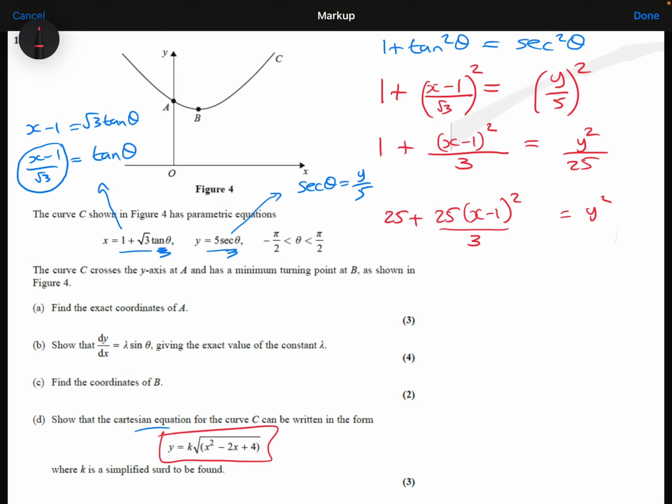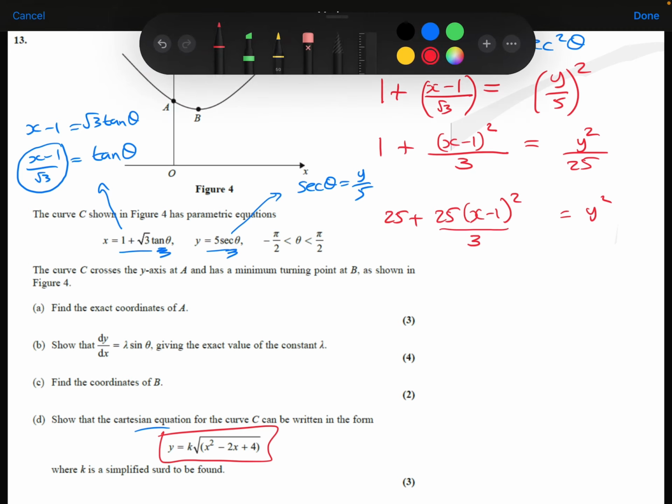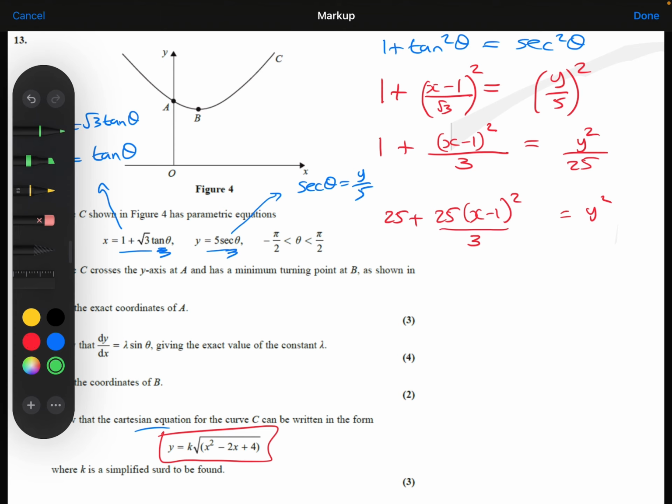Next, whilst I'm at it, let me get a common denominator on the left-hand side. So let me times here by 3. So that's going to give me 75 plus, right, 25 lots of, let's expand this bracket here now. So I'm going to get x squared minus 2x plus 1.